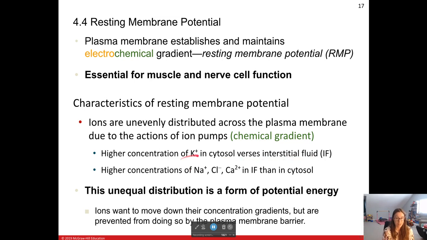Outside of the cell, we have higher concentrations of sodium, chloride, and calcium. So inside the cell, we have more potassium; outside the cell, we have more sodium, chloride, and calcium. This unequal distribution is also a form of potential energy. Ions are going to want to move down their concentration gradients, but are prevented from doing so by the plasma membrane barrier.